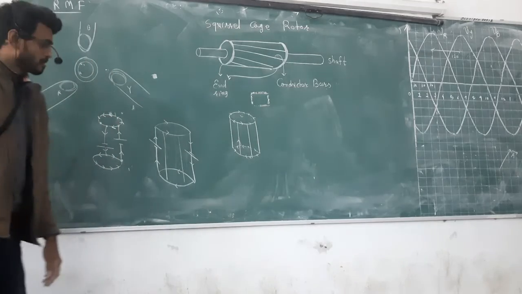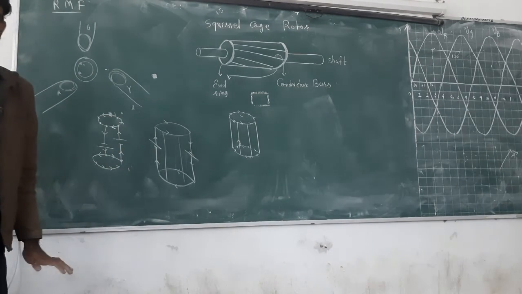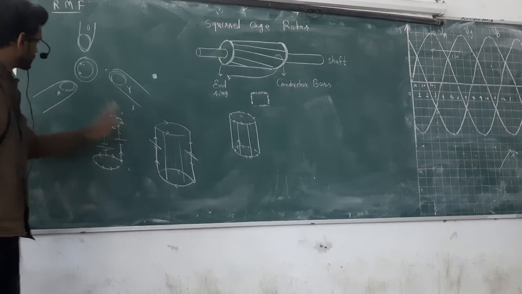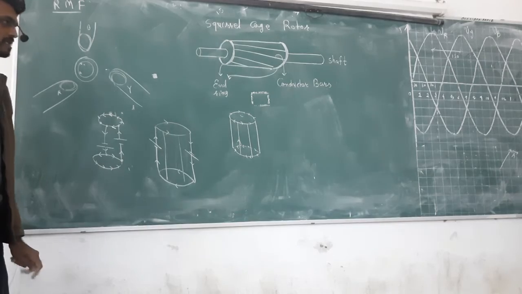So there will be current, and there will be a current carrying conductor inside this rotating magnetic field.